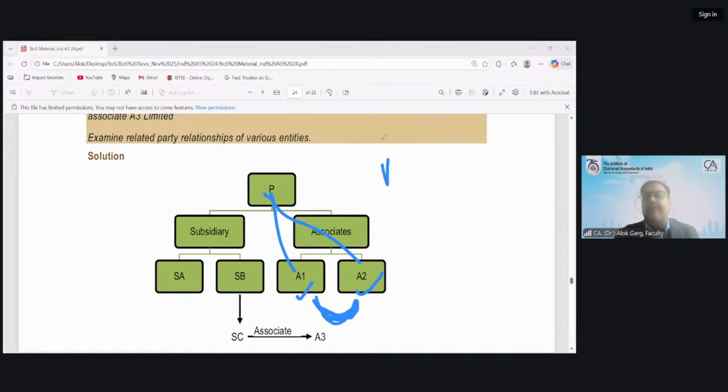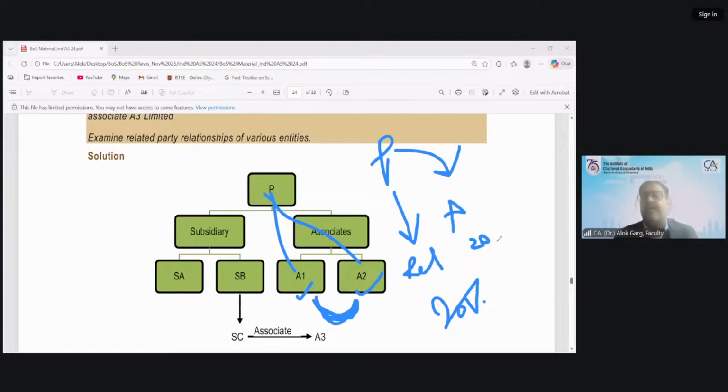For example, P Limited has invested 20% in a company of the Reliance Group, and also 20% in a company of the Airtel Group. These two companies are associates of P Limited, and they will not become related parties. So two fellow associates are not related parties.